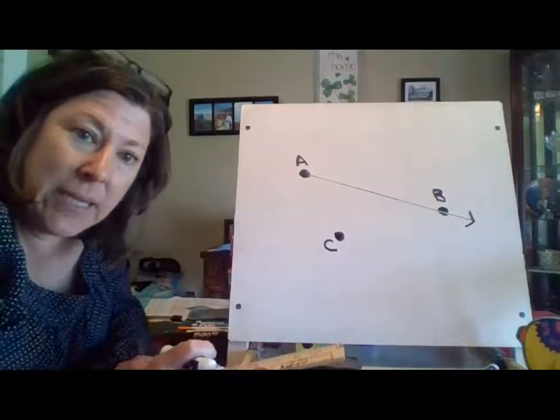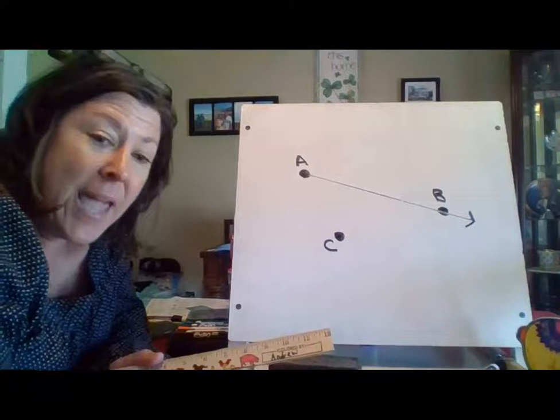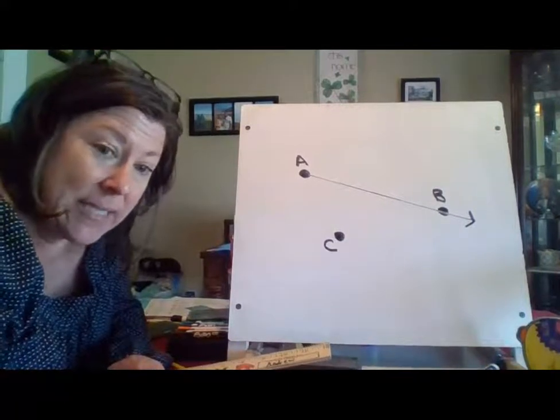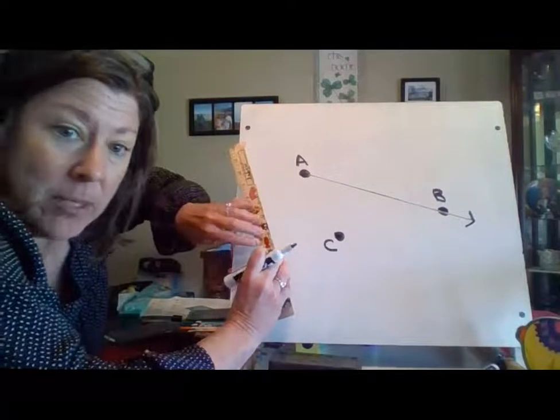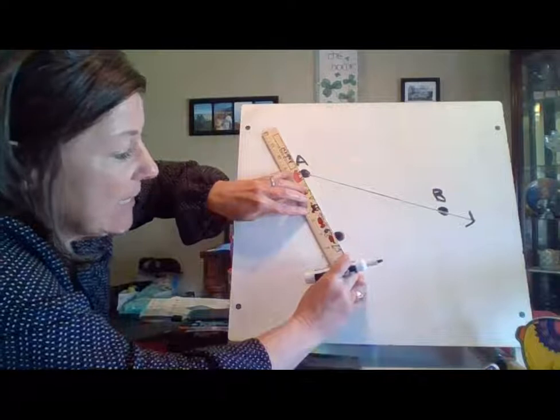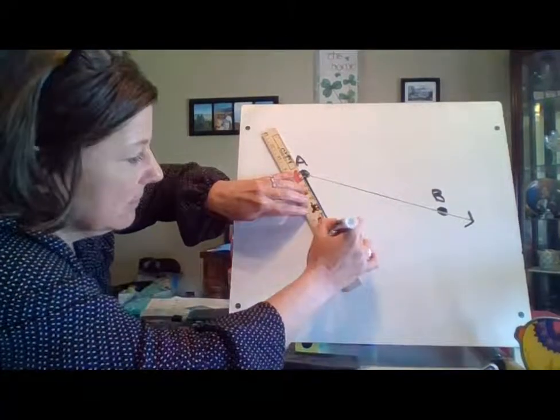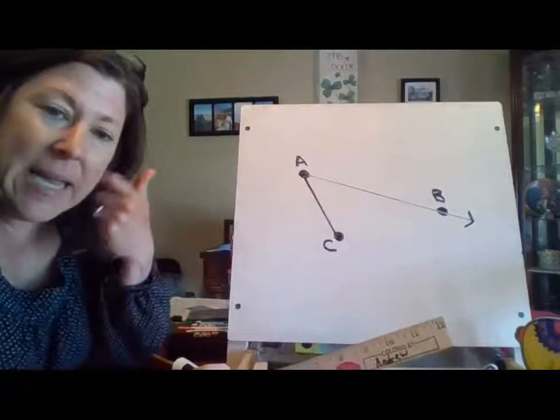So there's a point C. Like I said, your point C might be up there. And then they want us to draw line segment AC. That symbol is a line segment. And remember, a line segment has 2 endpoints. Okay? So there's line segment AC.